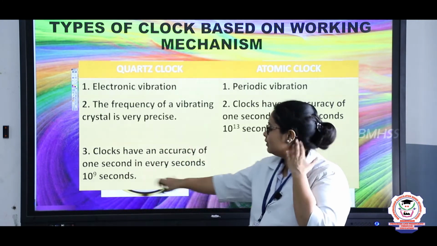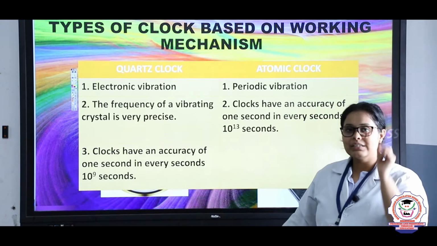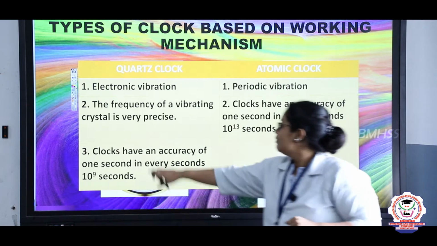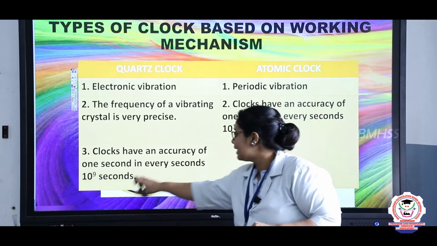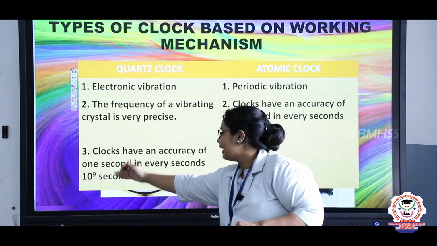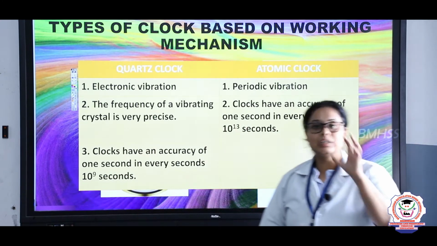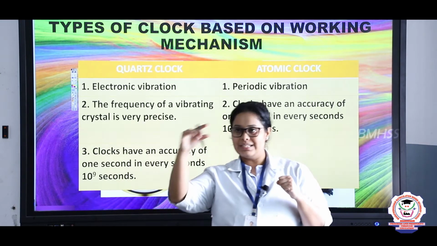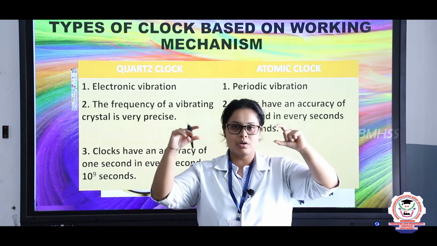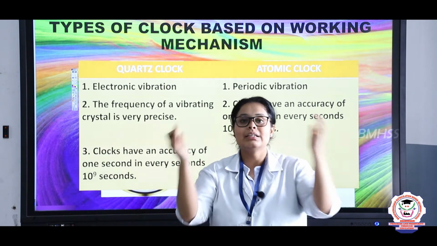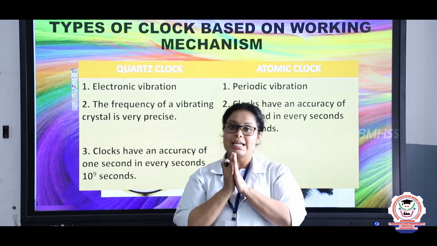Now, let's see the third point, which is a very important point. A quartz clock will have an accuracy of 1 second in every 10 power 9 seconds. If you compare a normal clock and a quartz clock, both starting at 1 second, after 10 power 9 seconds these two timings will again be similar, that is how precise it is.